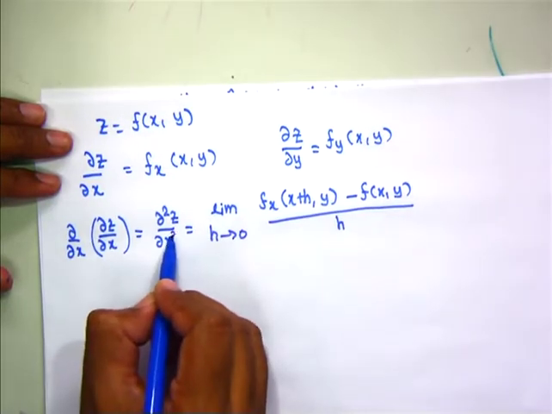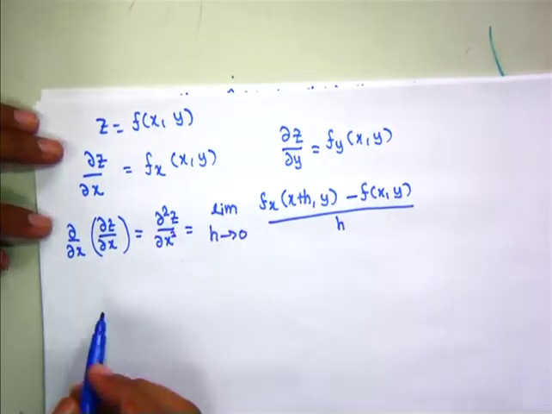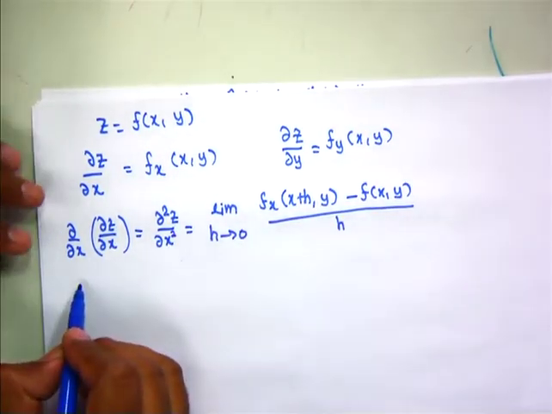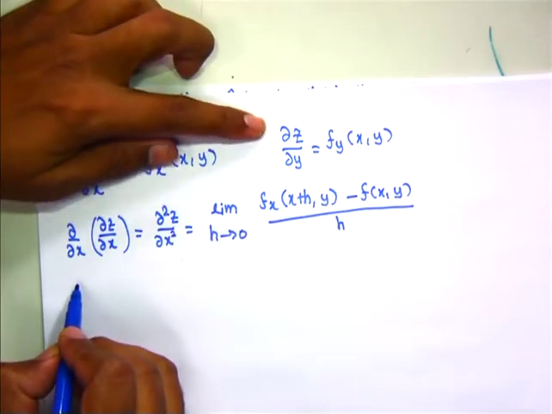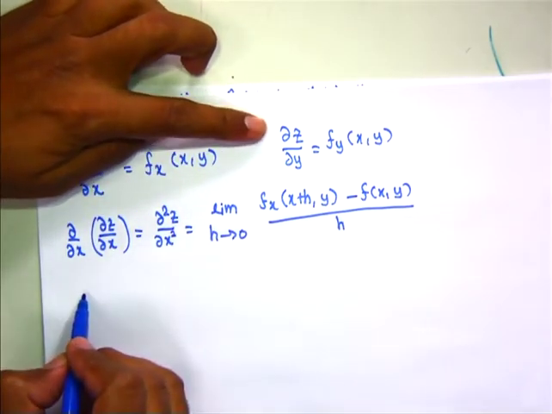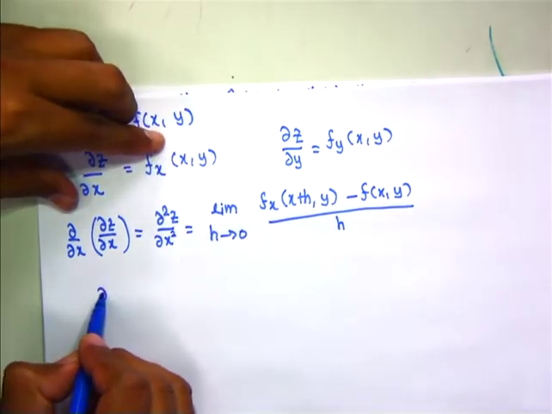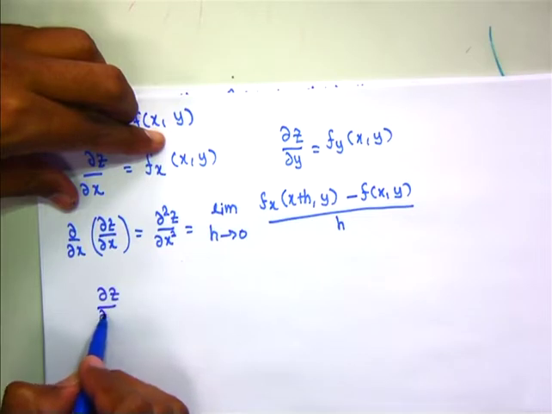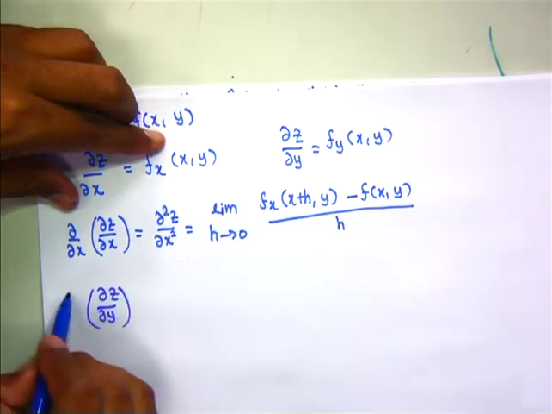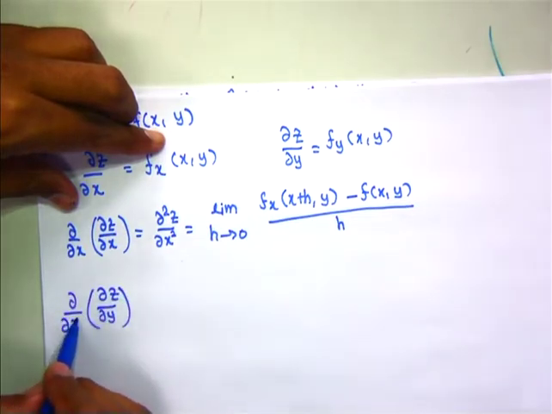Similarly, we can find the partial derivative of del z by del y with respect to x. So del z by del y is our function and we want to differentiate it partially with respect to x.